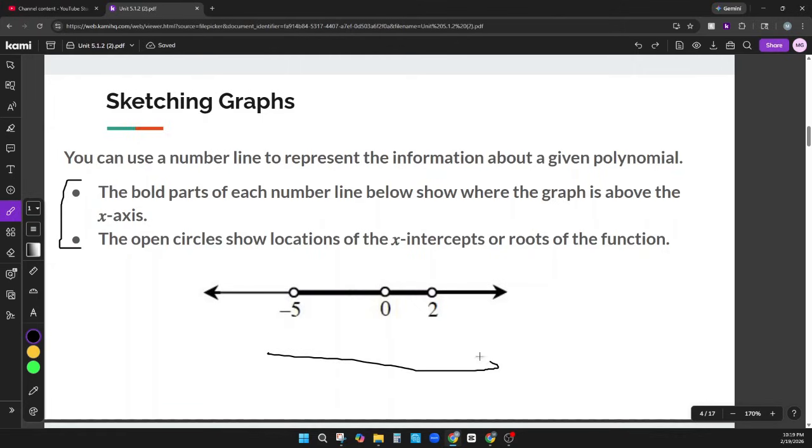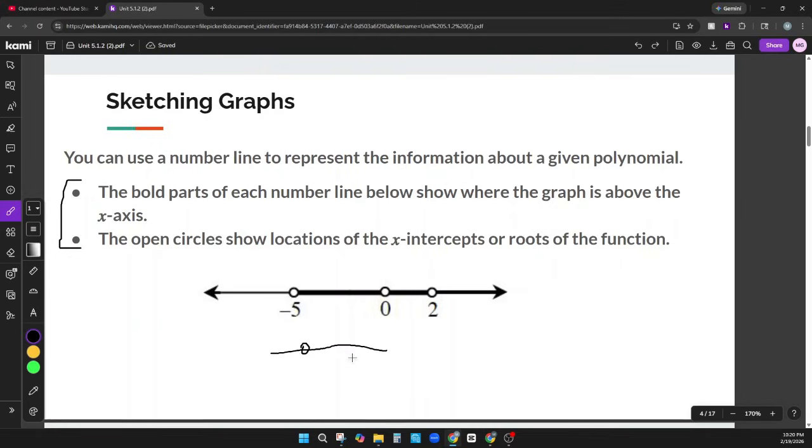Remember, x-axis is going horizontally, meaning that anywhere that is bolded in black is going to be above the x-axis, and anything that is not in bold on the number line is going to be below the x-axis. And of course, the open circles are going to be the location where our line crosses over, or at least hits our x-axis. So it's going to hit it here and then hit it here.